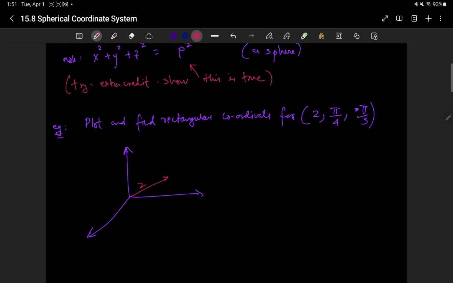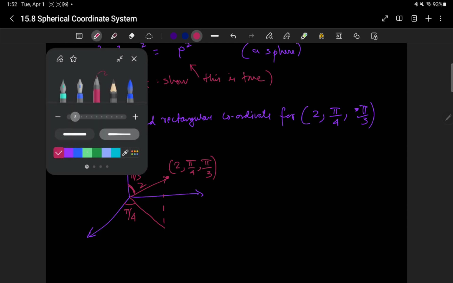So this is 2. And at an angle of pi over 3 from the z-axis. And if I were to look at its projection, that would be at an angle of pi over 4. So this is 2, pi over 4, pi over 3.